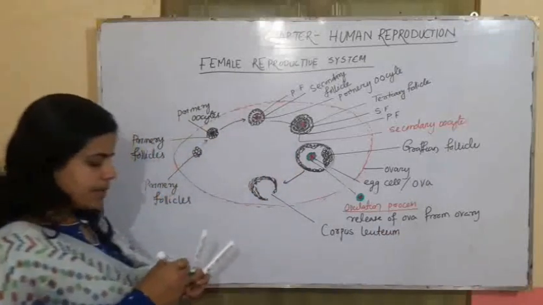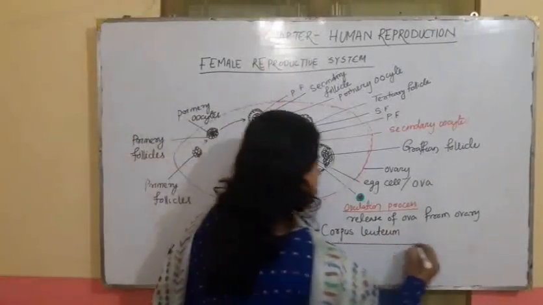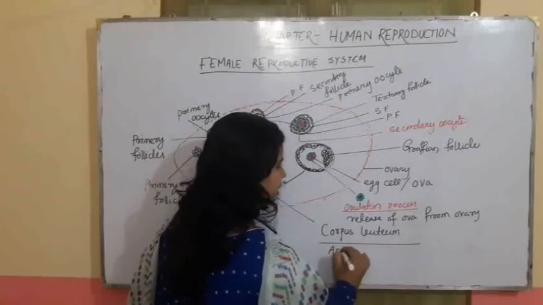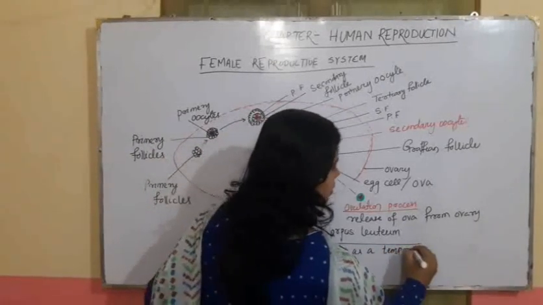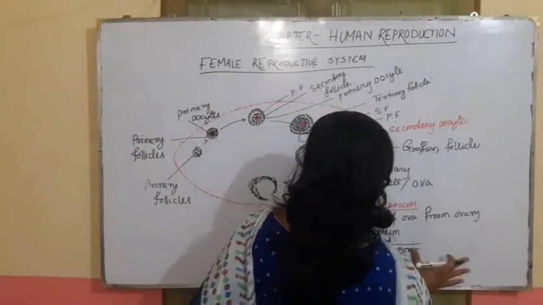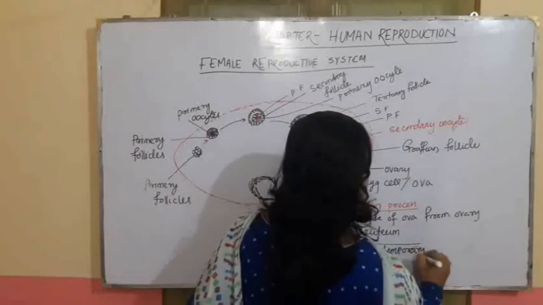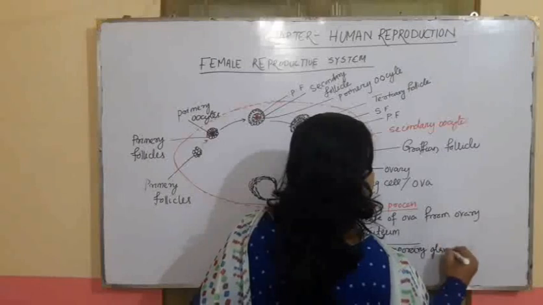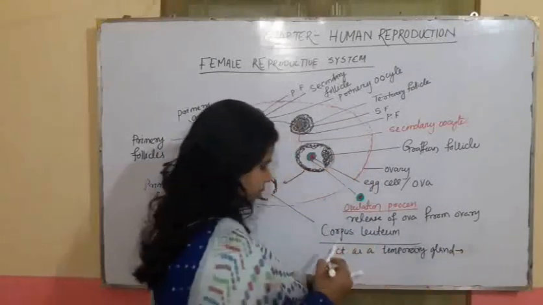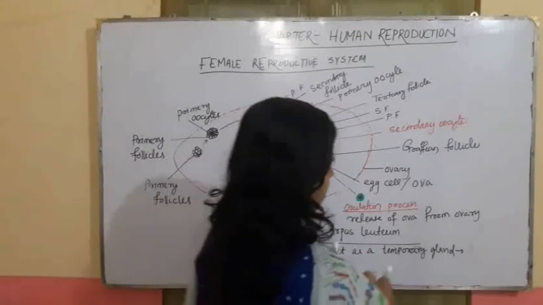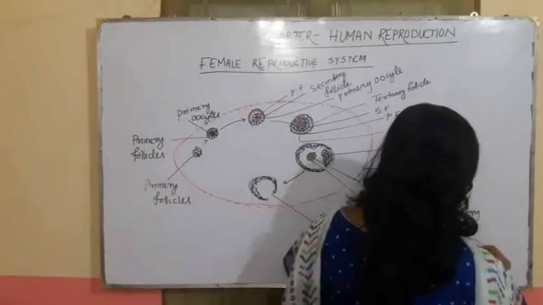Corpus luteum acts as a temporary gland to secrete progesterone hormone.